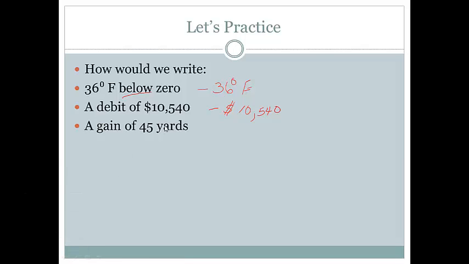Well, in football, when you gain yardage, it's a plus, so it's positive. So we just write it 45. 29,035 feet below sea level. Again, here's the word below. Put a negative sign, and I write it this way.